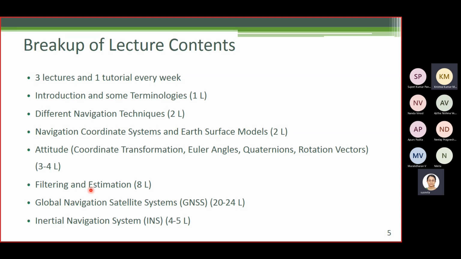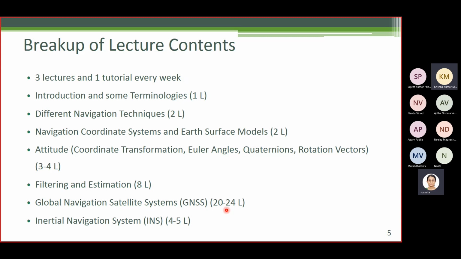Okay, so after all this only we can start with the discussion of the main part of this course, which is Global Navigation Satellite Systems or GNSS. So about 20 to 24 lectures we'll have on GNSS. I'm sure all of you know about GPS, the Global Positioning System of the USA. That was the first GNSS system developed. Okay. Now different countries have their own systems.